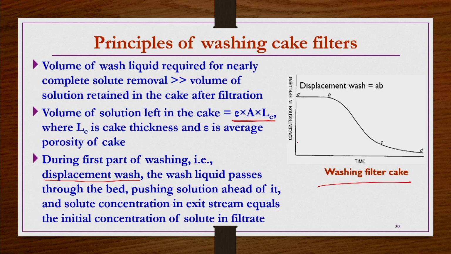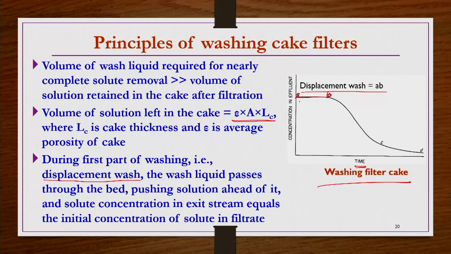If you see the effluent concentration with respect to time, in this initial period, from location A to location B, the concentration is almost constant and equals the initial concentration of solute in the filtrate. So, this initial level is known as the displacement wash.